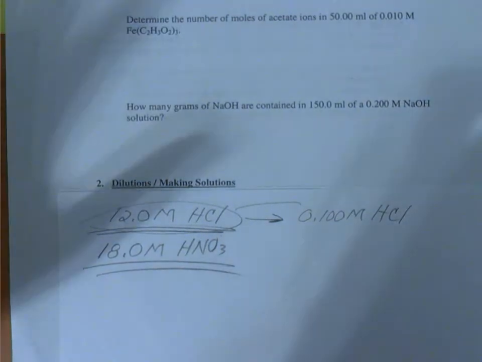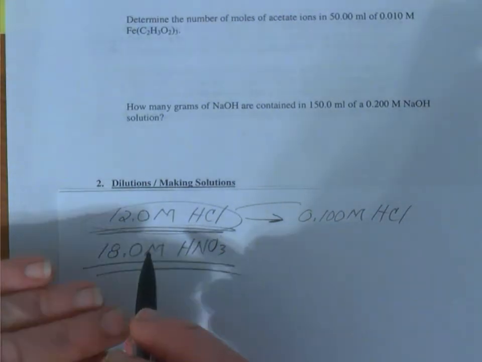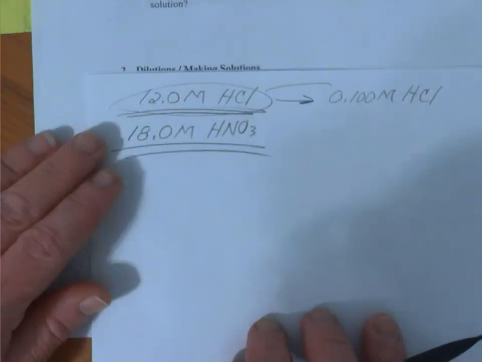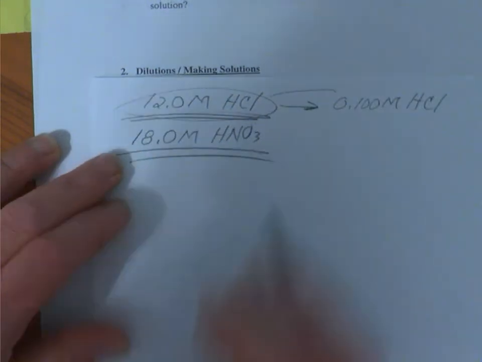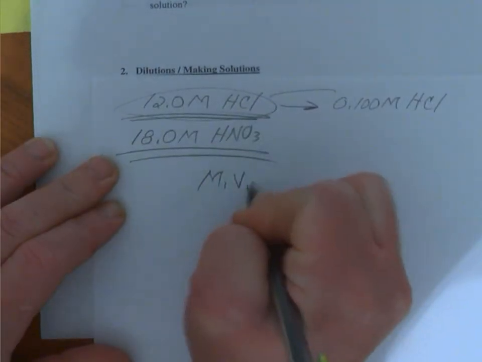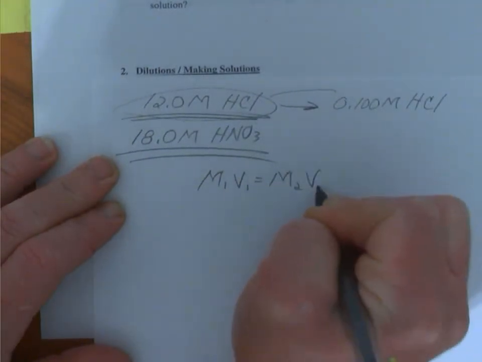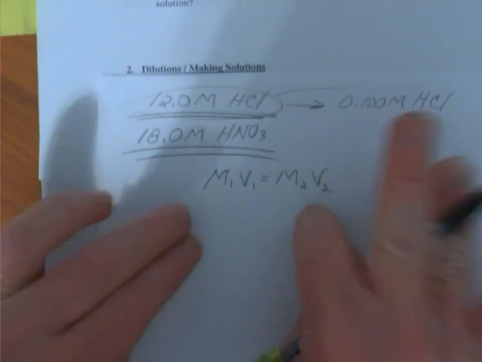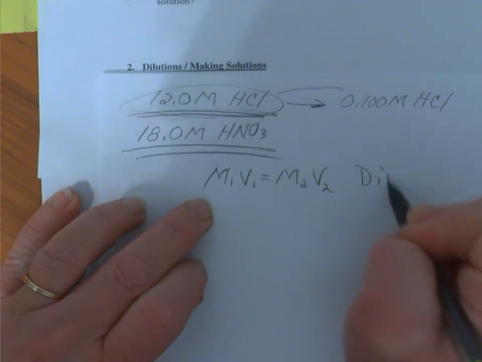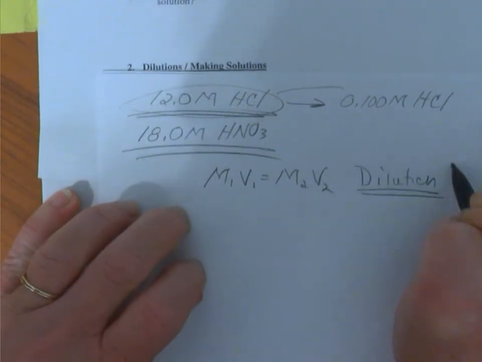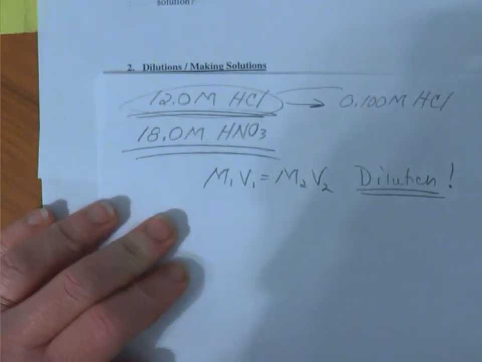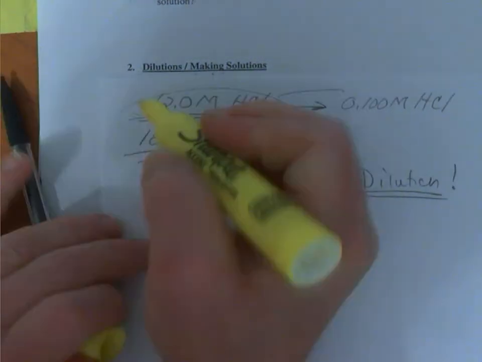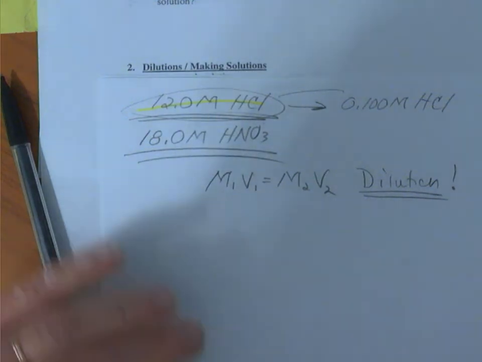There's a wonderful equation that we are going to call our dilution equation: M1V1 equals M2V2. We are only going to ever use this for dilutions.